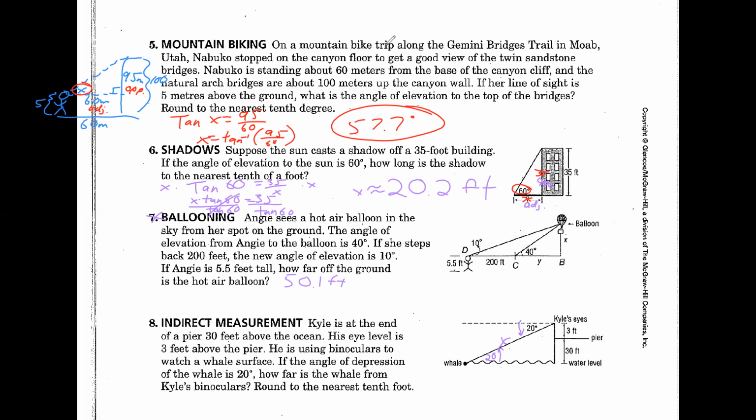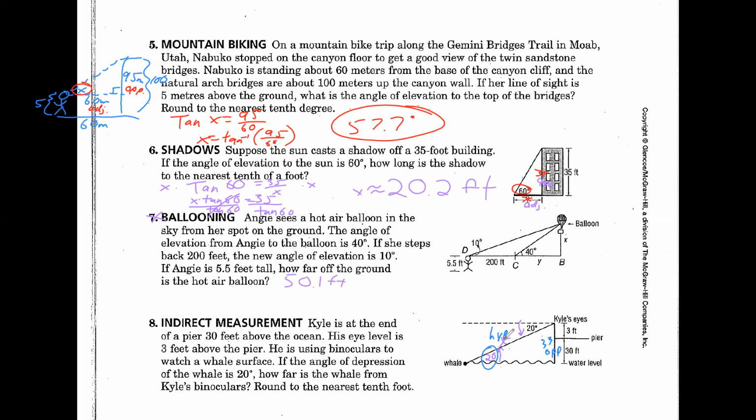So we have, based on the 20-degree angle, this side over here, which I have to combine. This is 30 and 3, gives us 33. And that's going to act as the opposite side. And I'm looking for the hypotenuse.